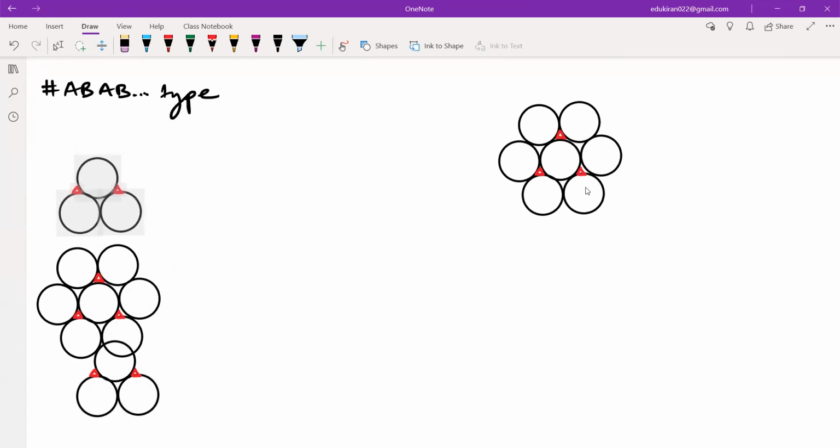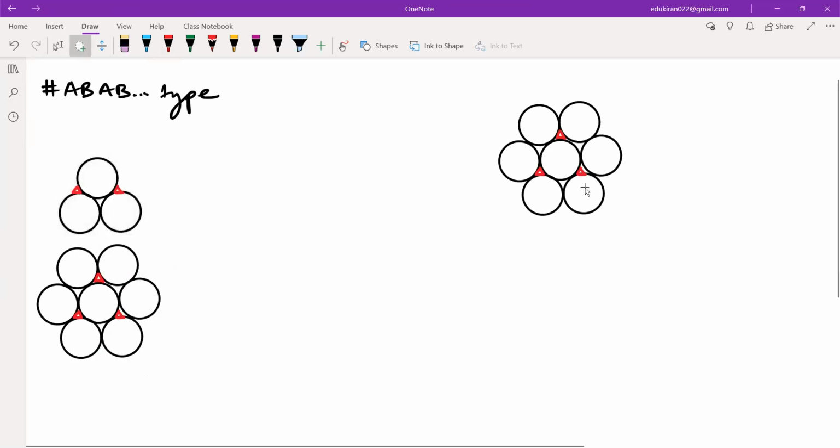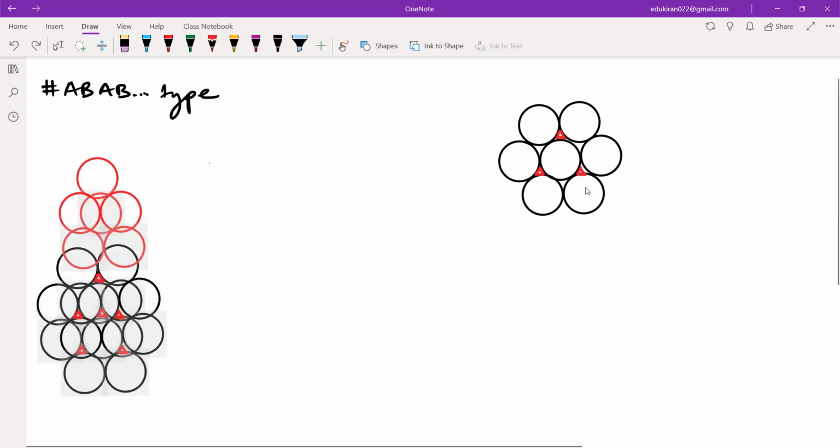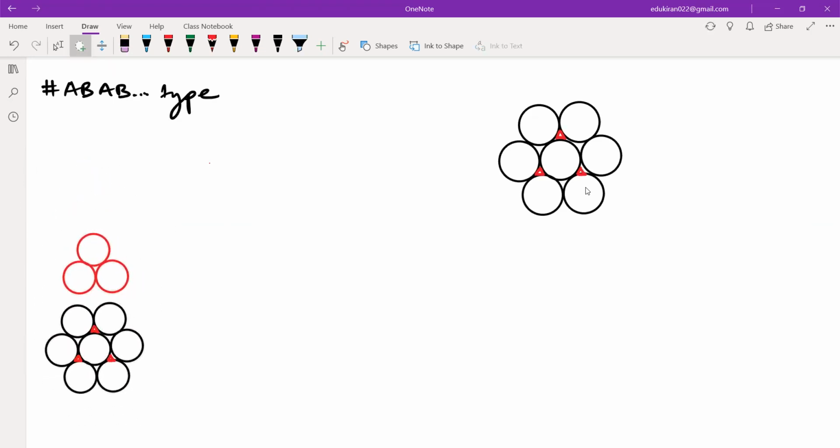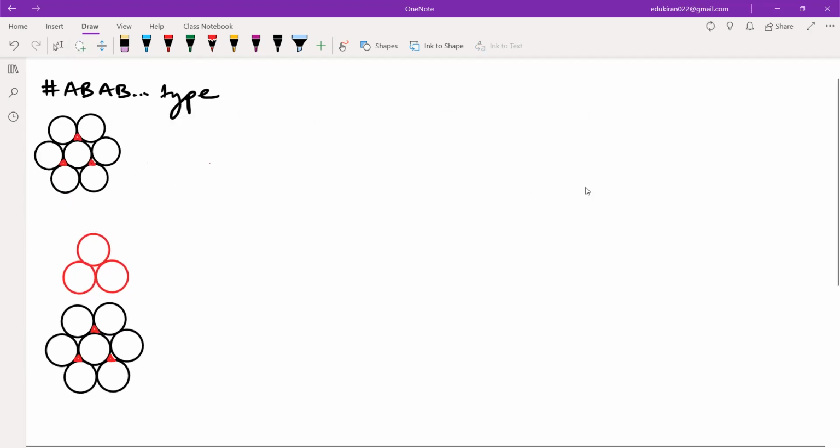So let me place this here. And then again, on top, I will be having those A layer atoms. Let's make the size a little smaller. These atoms will be here.